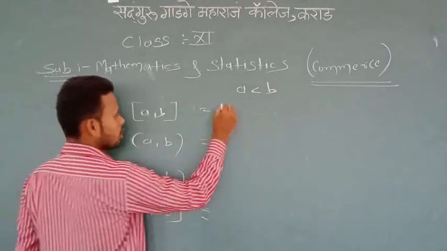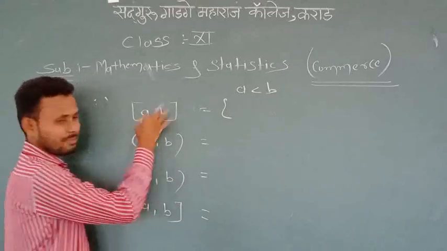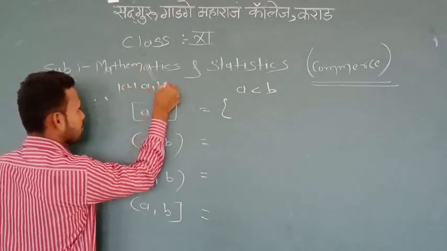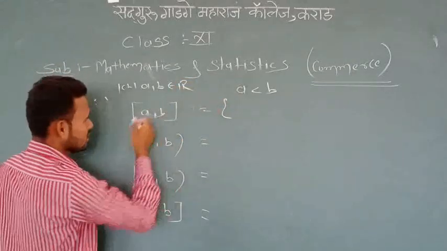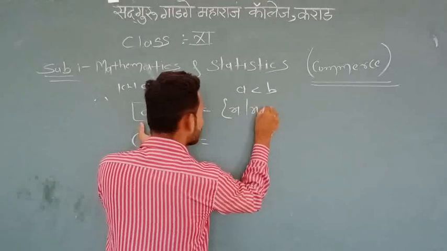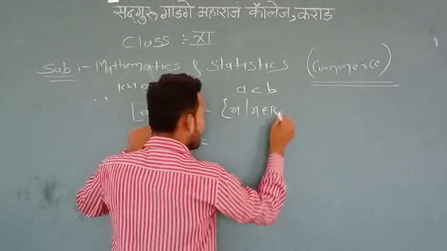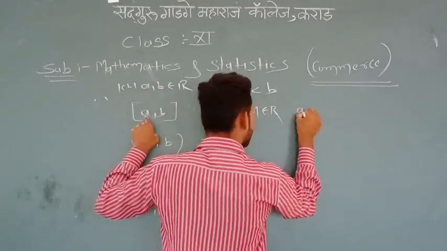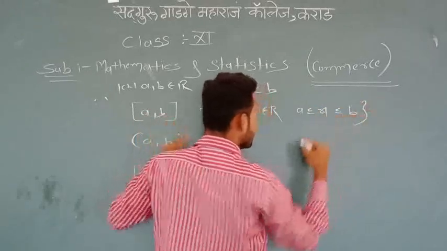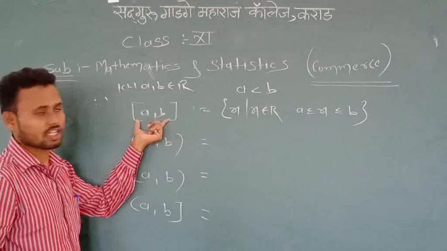Now the closed interval. Let a, b belong to the real numbers. Therefore the closed interval ab is the set of all real numbers which lie between a less than or equal to x less than or equal to b. Why? Because it is a closed interval.